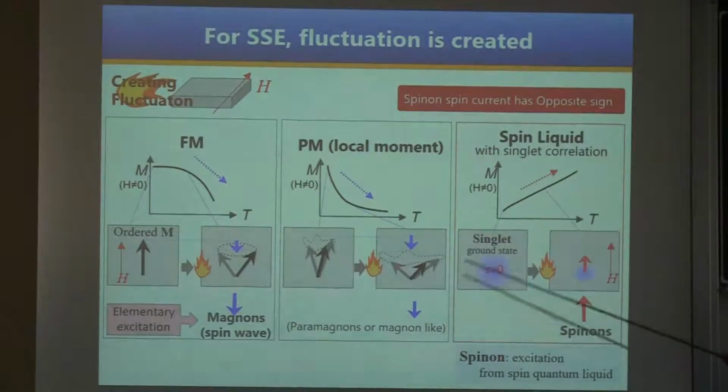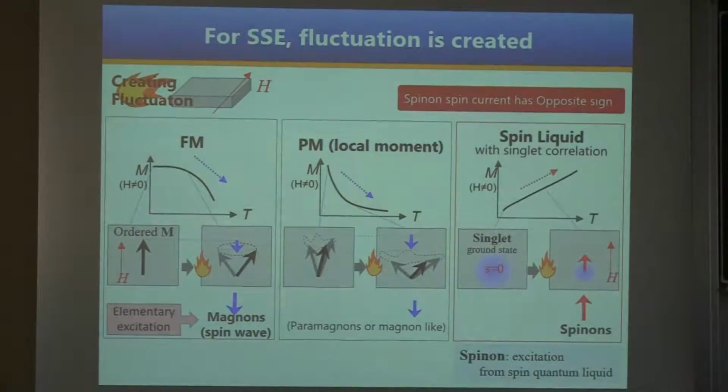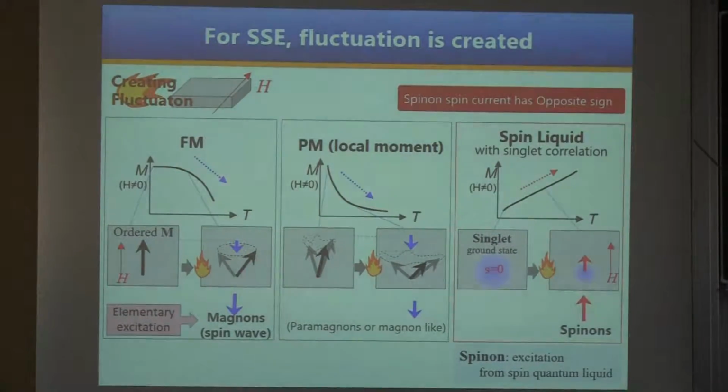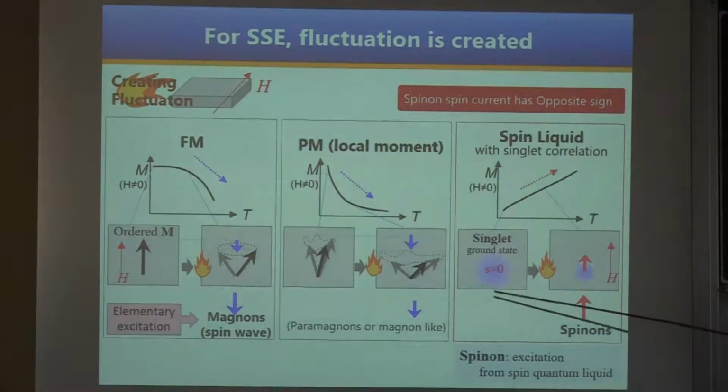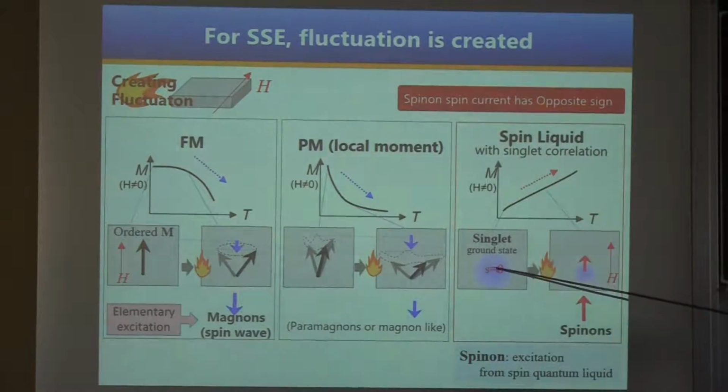The paramagnetic case is something similar. On the other hand, in a certain type of spin liquid, the ground state has strong singlet correlation. So when fluctuation is brought into this system, the fluctuation can break this singlet correlation in part, and magnetization along the field appears.